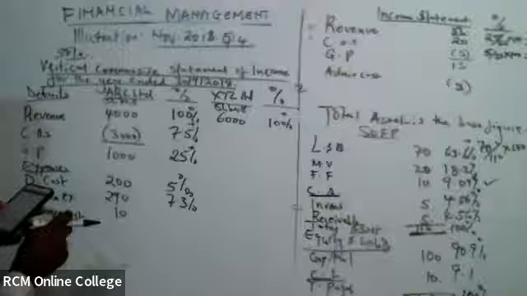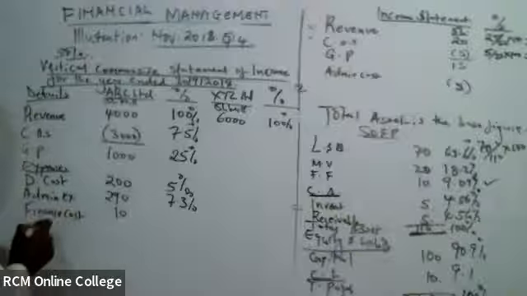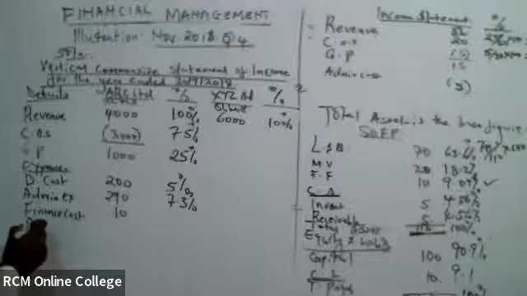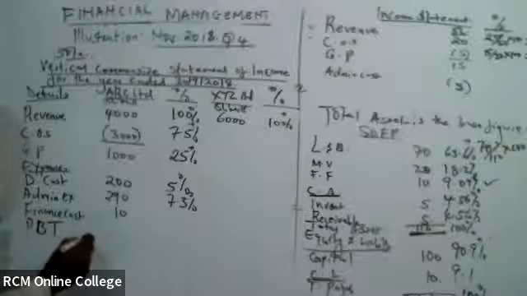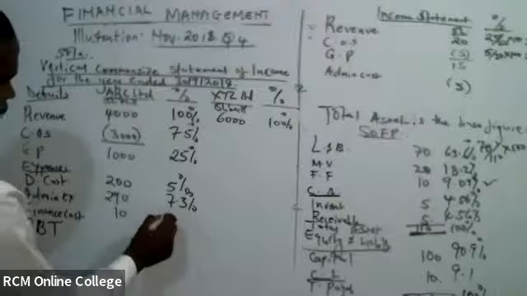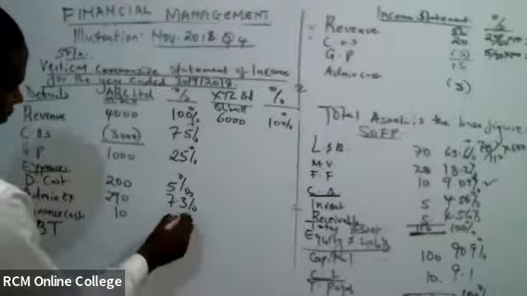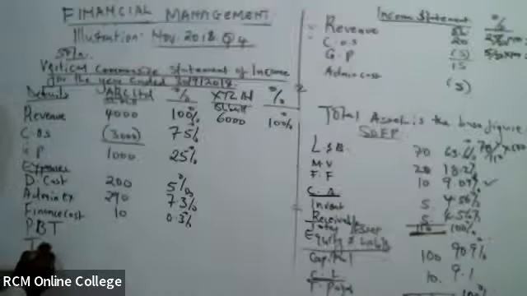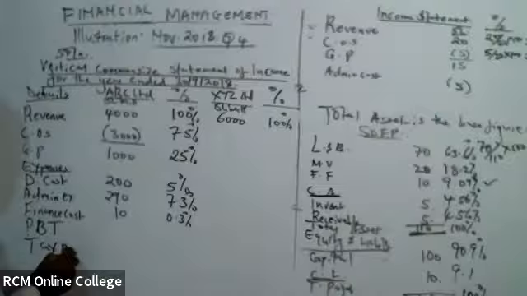And then the other one for finance cost is 0.3%. The next one is profit before tax. Then we have tax paid here.